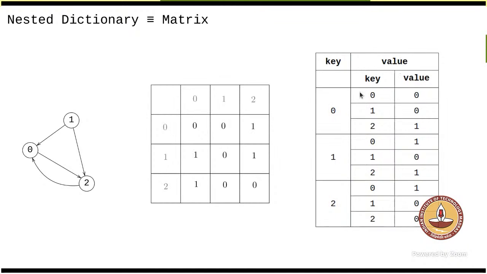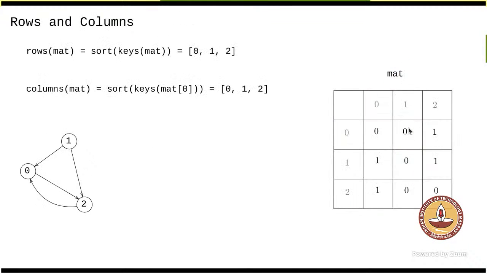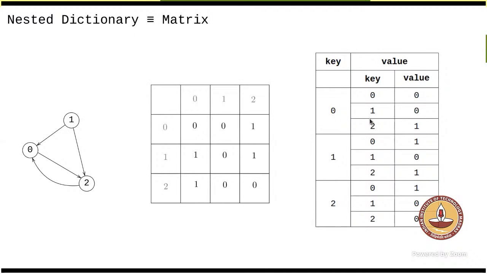It is this entire dictionary, right? The whole thing is itself a dictionary. Now, what are you asking? You're asking what are the keys of mat of 0. They are 0, 1, 2. Okay.